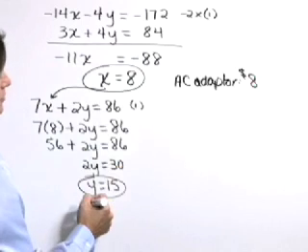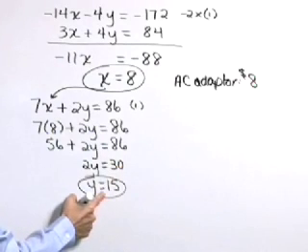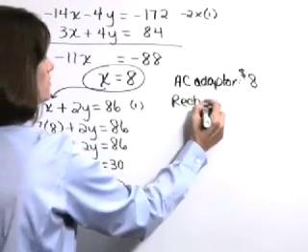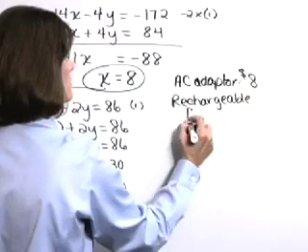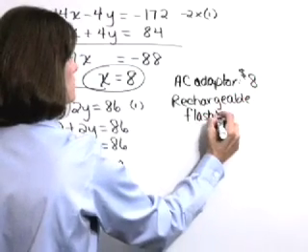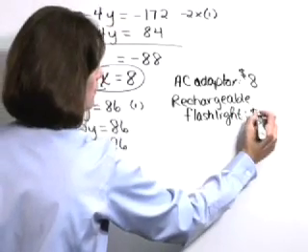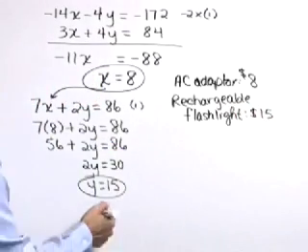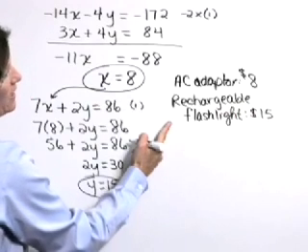That's a price in dollars. y represents the selling price of a rechargeable flashlight, and that's $15.